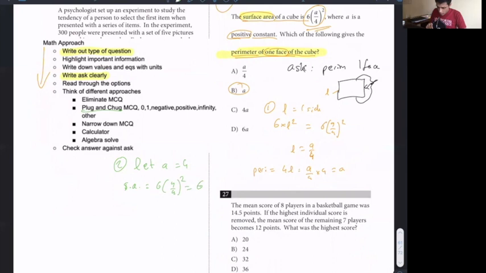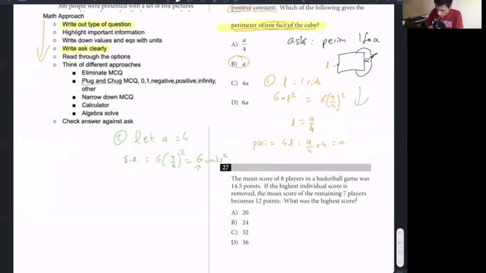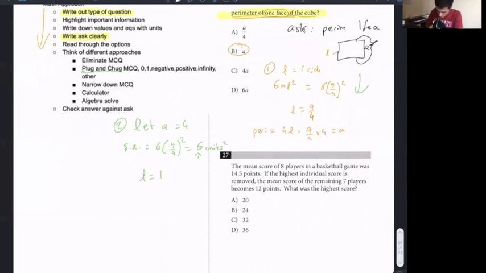Then you notice that you can't really turn this into perimeter, because this is 6 units squared, whereas perimeter is in units. So then you have to follow this logic over here, and through that logic you will realize that L is equal to 1, and therefore the perimeter is equal to 4L, which is equal to 4.